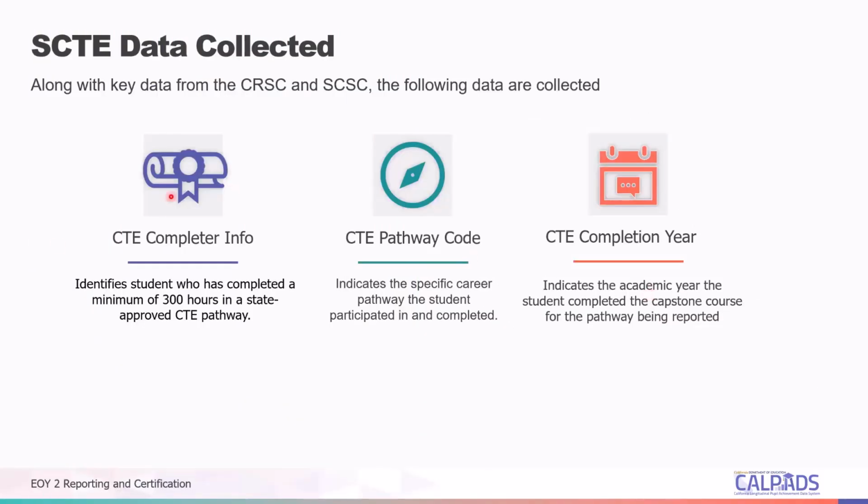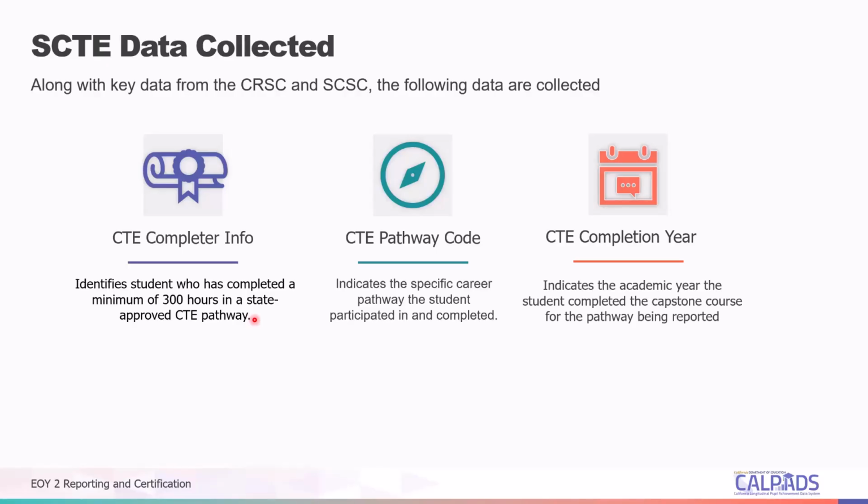So again, the SCTE file provides us with the SCTE completer information, identifying students who have completed a minimum of 300 hours in a state-approved CTE pathway. So this information is self-reported by the LEA.